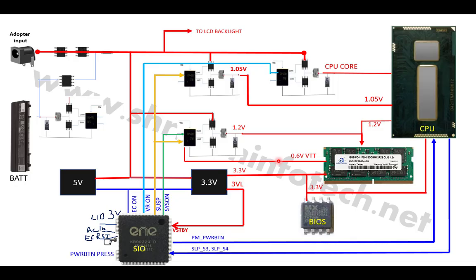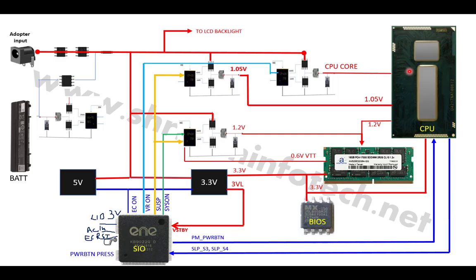So when we check the CPU core voltage, sometimes we will find 1 volt, sometimes 1.2, sometimes 1.5. The voltage will be variable, because it requires a current, and that current is very high. Okay, so the CPU gets this core voltage.